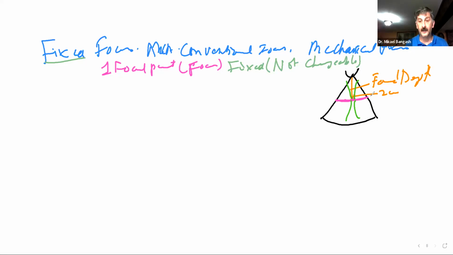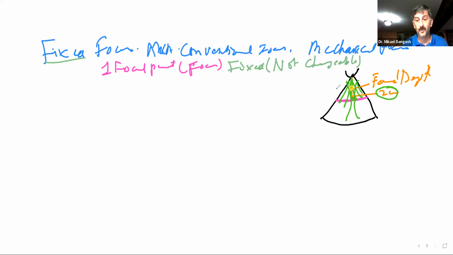But you can make it so that a fixed focal point or focal depth mainly means that it is only going to be able to focus at one single depth, which remains the same. So 2 centimeters, then 2 centimeters, then 2 centimeters, all across the horizon. It will not be able to focus at a shallower depth.